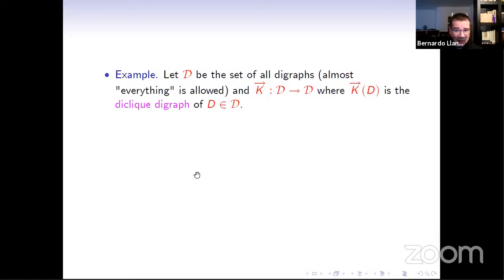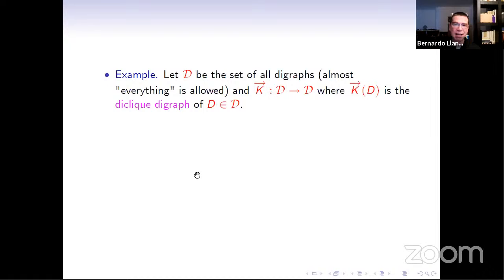So there is another operator. I mentioned the line graph, the line digraph, the clique graph, and now the D-clique digraph, which is a little more complicated, because the original definition given by Erich Prisner was quite complicated.